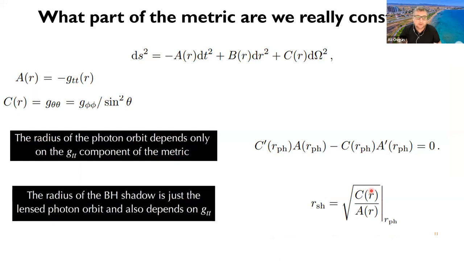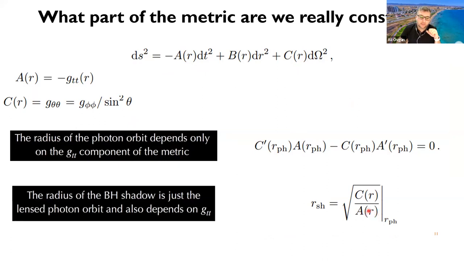So how can you calculate the shadow of the black hole, and which component of the metric is important for us? If you have a spherically symmetric metric with A, B, and C components, first of all you must find the photon sphere location, and then by using it you can calculate the black hole shadow radius. The radius of the black hole shadow is just the length of the photon orbit and only depends on the g_tt component.